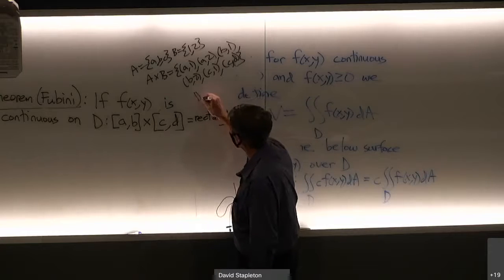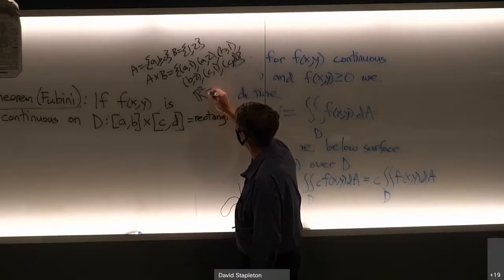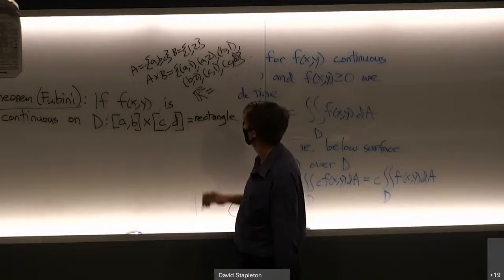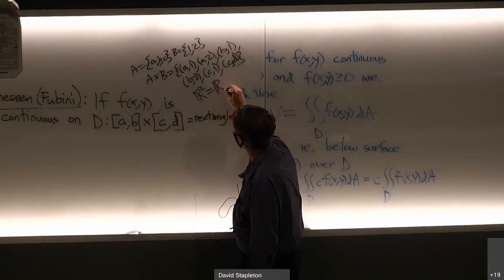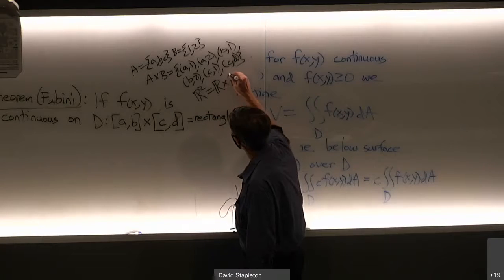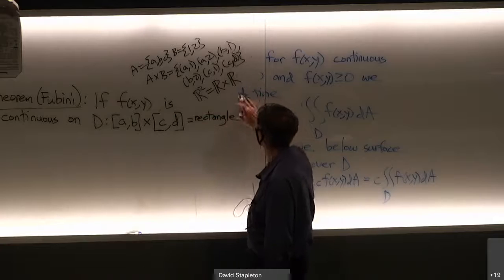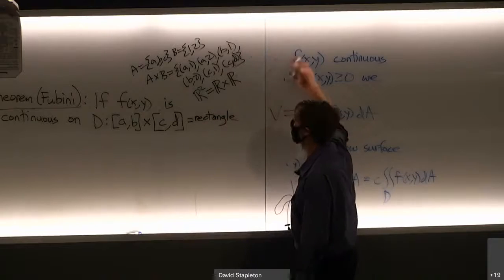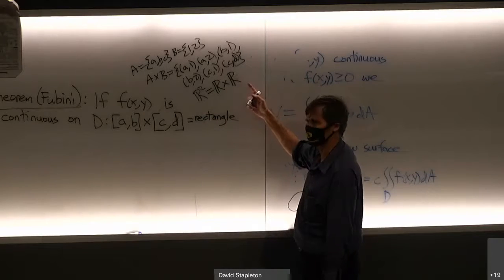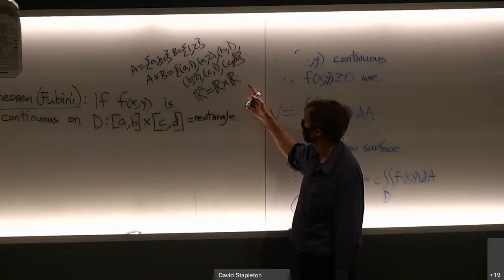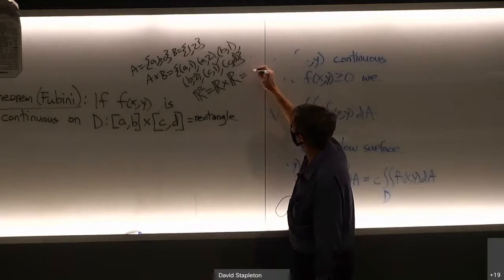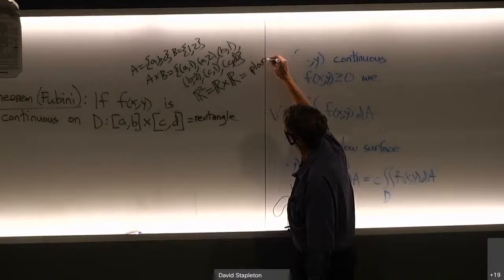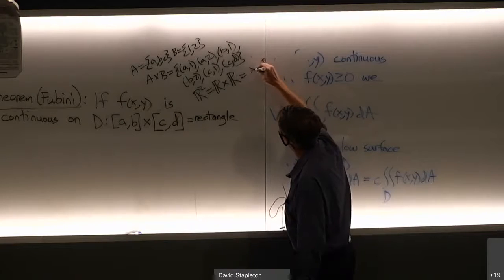What then is R2 if I take R2? This means R, the real numbers, Cartesian product with R, the real numbers. What's that? The set of all ordered pairs of real numbers, right? That's the plane. That's the Cartesian plane. So let's call it the XY plane.